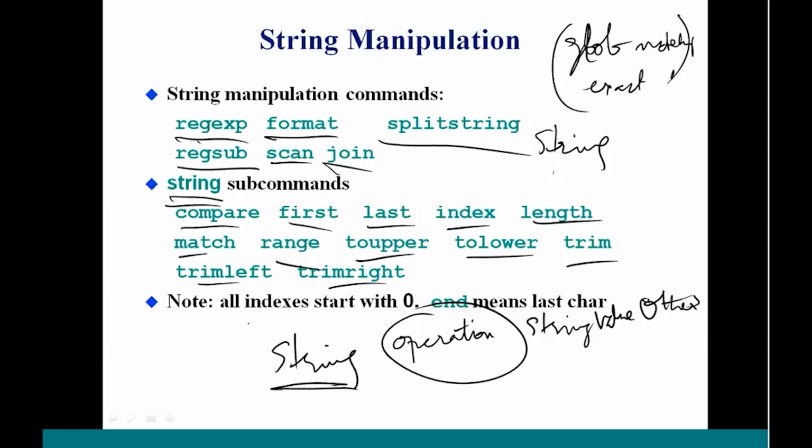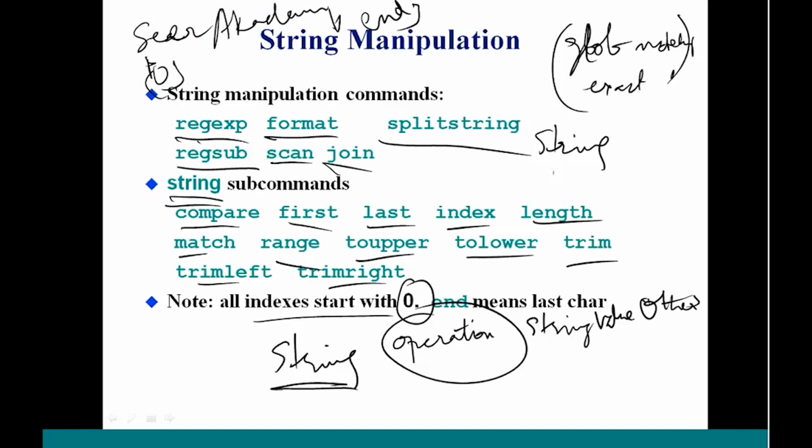One quick note is that all the indexes within the string start with 0. So if I say Seer Academy, this is string value, index 0, and you can also say end. So it starts with 0, and end means the last character in this example.